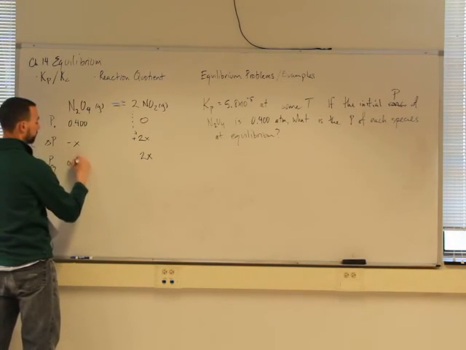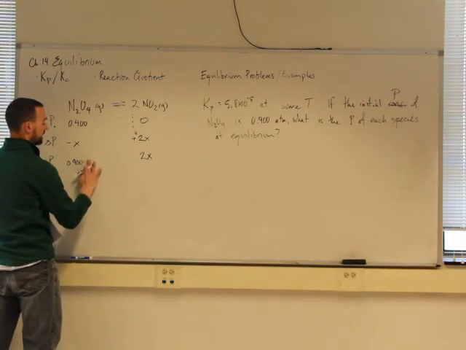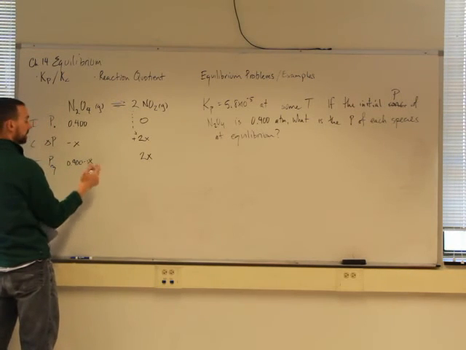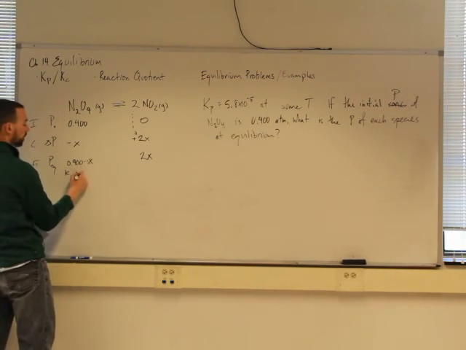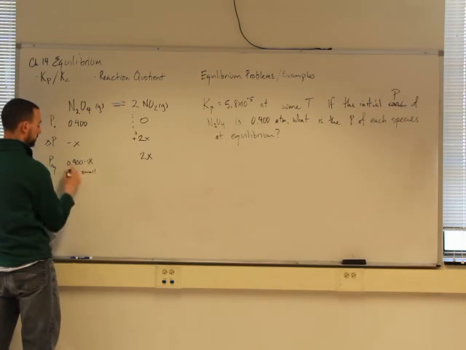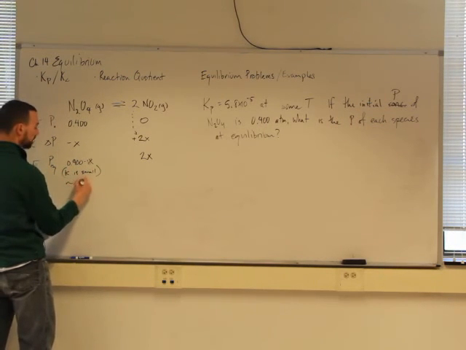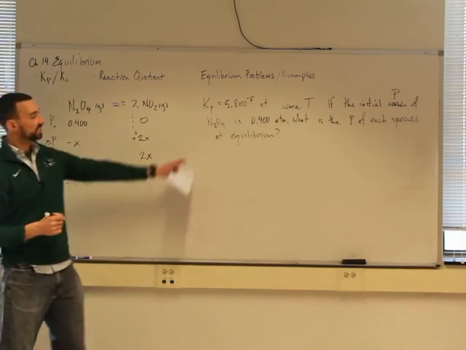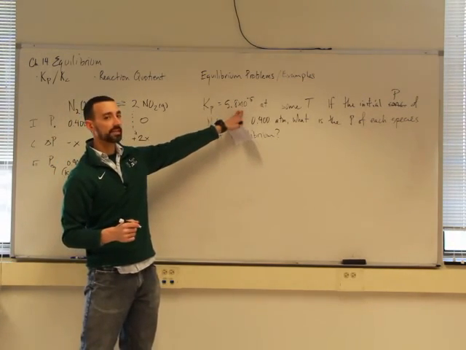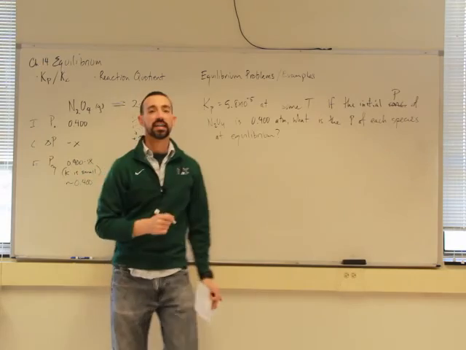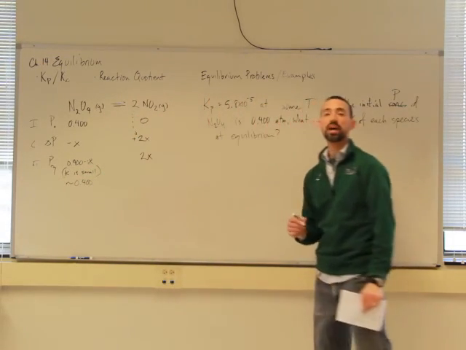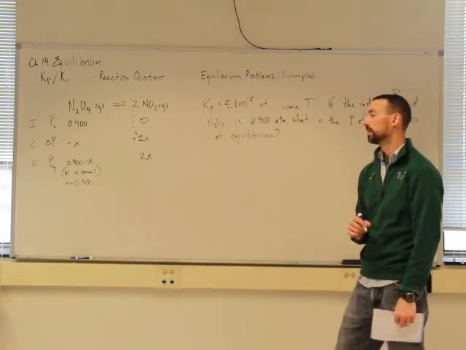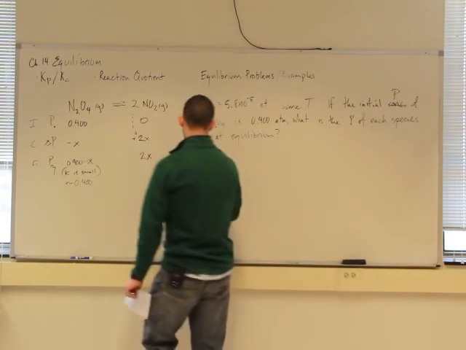N2O4 is 0.4 minus x, but K is small again, so it will still be approximately 0.4. This 5.8 times 10 to the negative 5 is small enough that we're in the range where we can approximate this problem to solve for it.